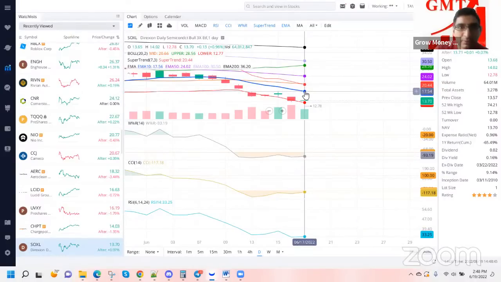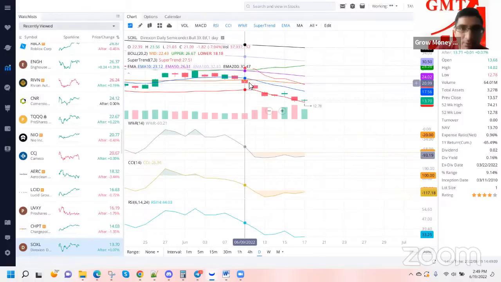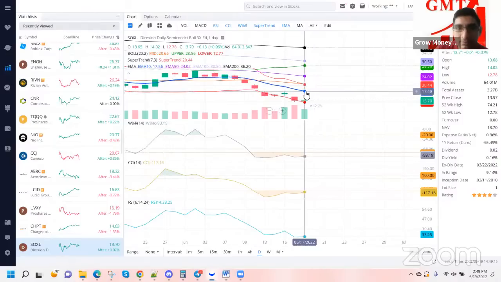So your first target could be EMA 10, which is 17.5, about $4 from the current price. And then the next target would be mid Bollinger Band merging with super trend, which is close to 20.44, and it would also close this gap down. So look for first target close to 17.5, and then depending upon the reversal, you can plan to hold for TP2.